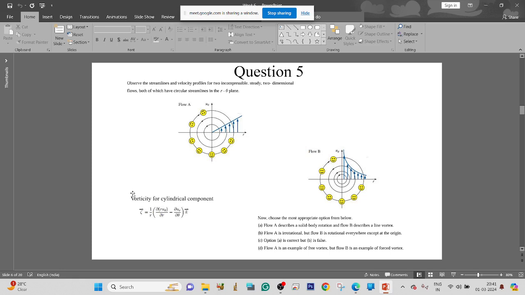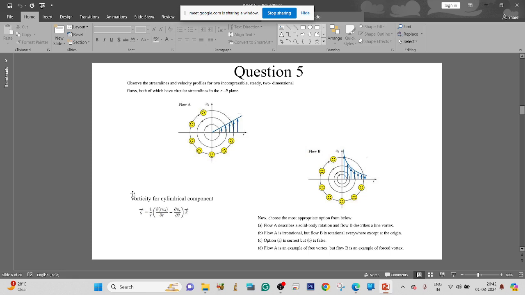But for the flow B, since it is rotational, we get circulation as zero, no? Circulation at zero won't be possible. Even from the velocity diagram, you can see that when we are coming to the origin, the velocity is infinite.